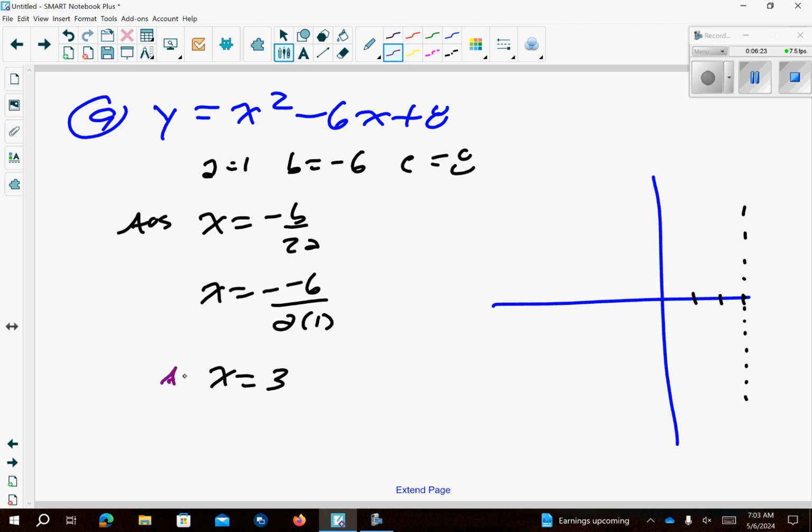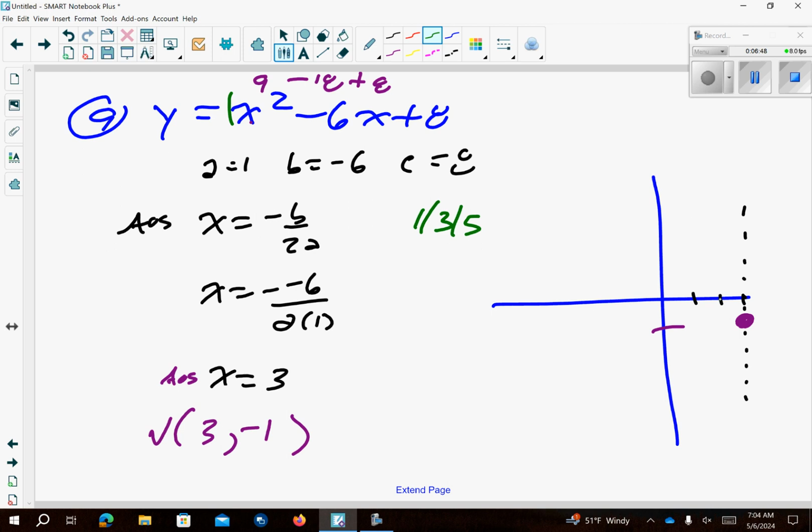Then if I want my vertex, I'm going to go 3 comma something. So plug 3 in. 3 squared is 9. Negative 6 times 3 is negative 18. Plus 8. That's negative 1. 3, negative 1 is right there. And then my pattern graph, because there's a 1 out front, is just going to be 1, 3, 5.